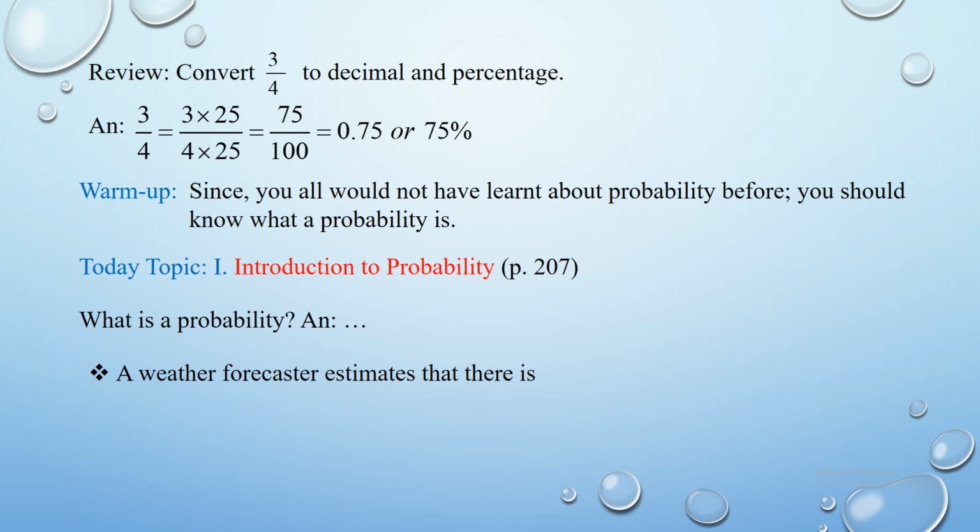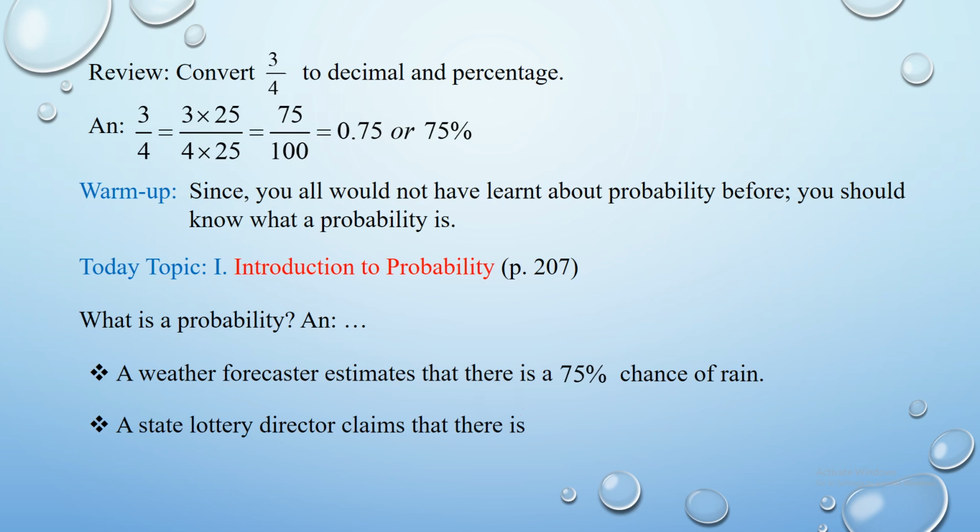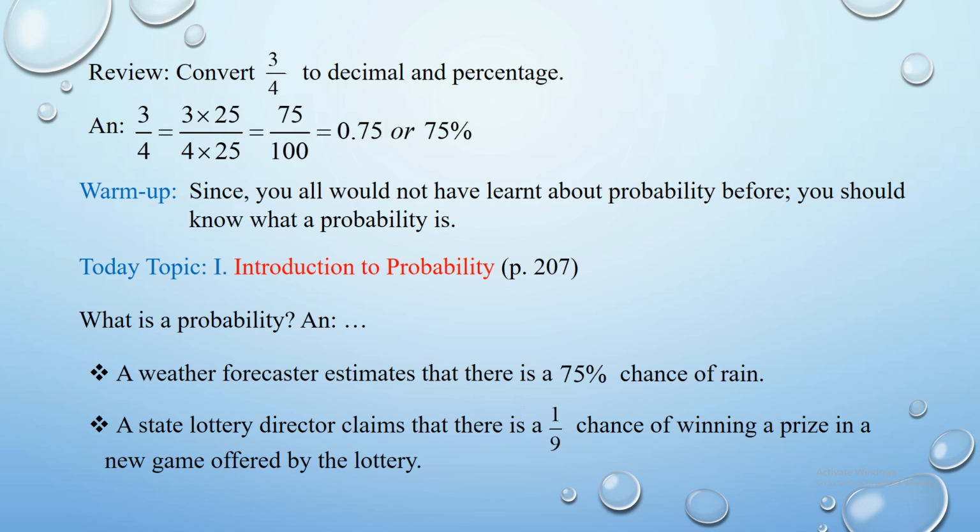A weather forecaster estimates that there is a 75% chance of rain. State lottery directors claim that there is a 1/9 chance of winning a prize in a new game offered by the lottery.